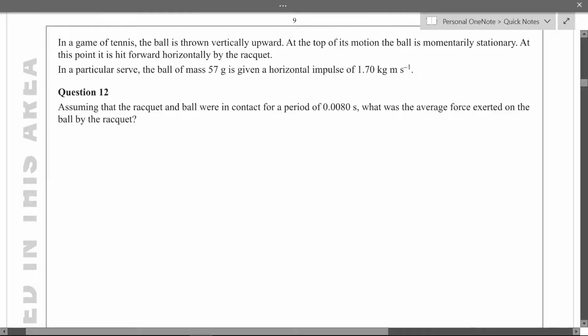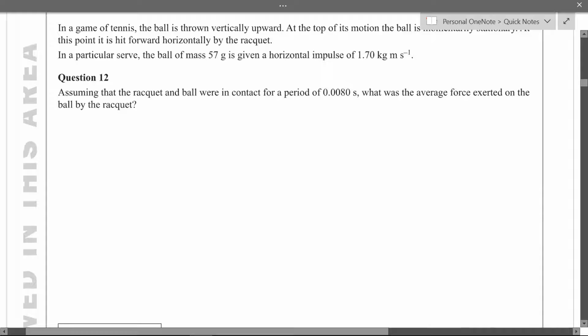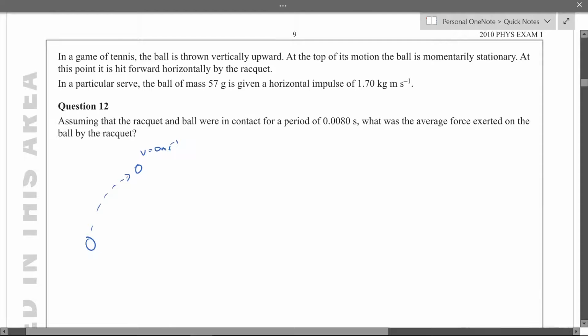So it's a game of tennis, and the ball is being thrown upwards here, and then at the top the velocity is 0. Oh sorry, it's actually being thrown vertically up, so v equals 0, and then a racket, sorry, an ugly racket, hits it here.